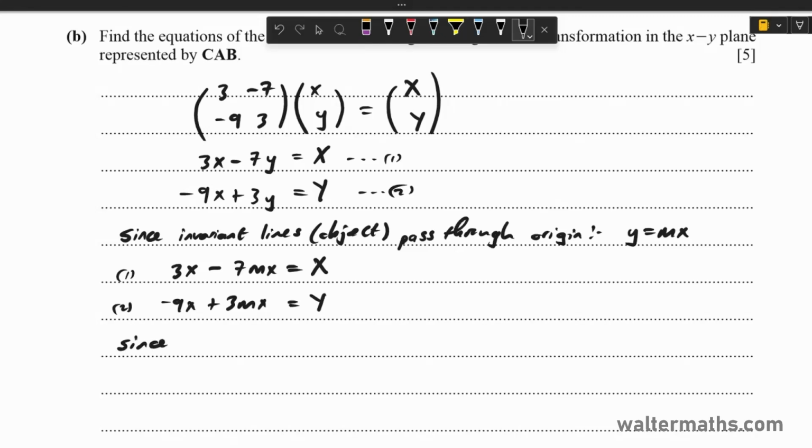Also, since the image will also pass through the origin, because the lines are invariant, it means the image will also take the form y is equal to mx.